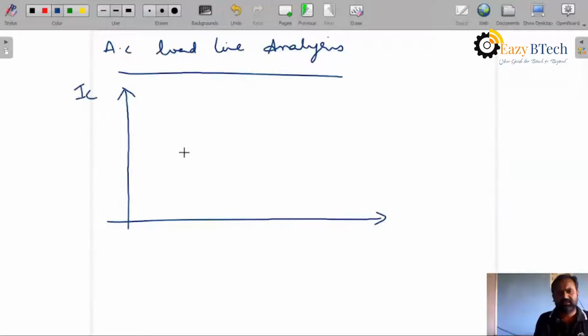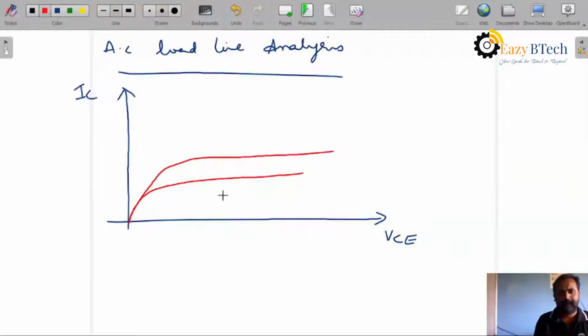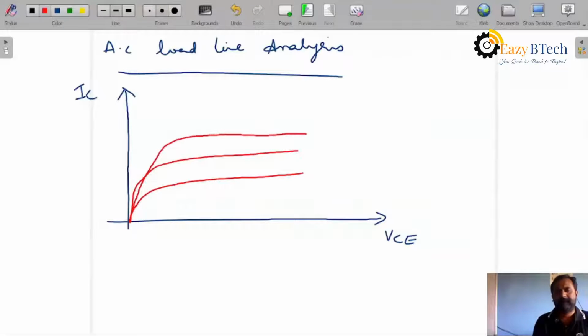This is IC, this is VCE, and the output waveform is like this. This is IC, this is VCE.